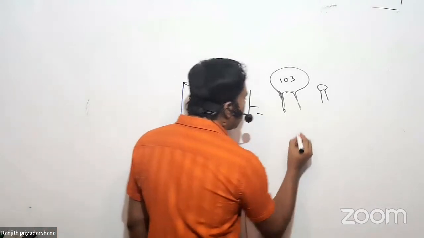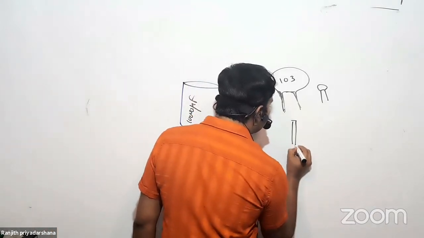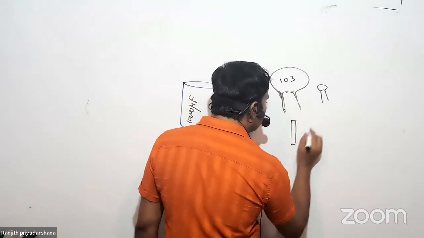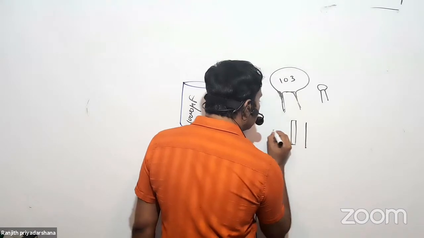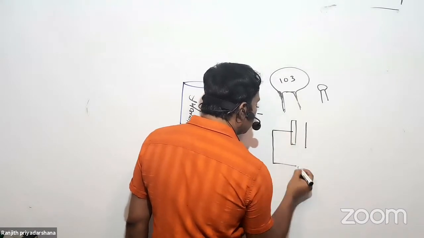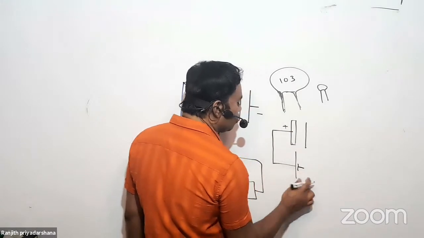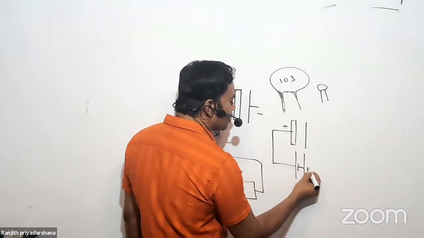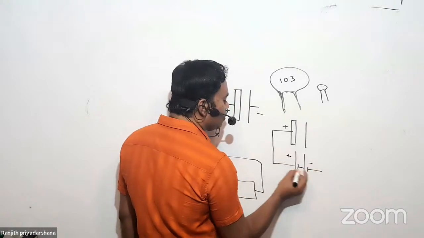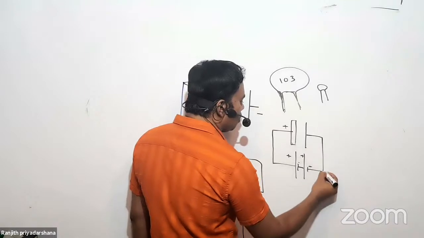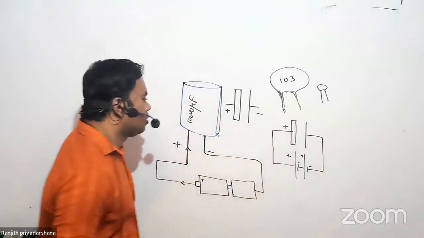By the symbol diagram you can demonstrate that. Here's the capacitor, positive terminal, negative terminal. This is the dry cell, positive to positive. I use another dry cell connected in series, positive, negative, negative. Now this is the charging circuit.